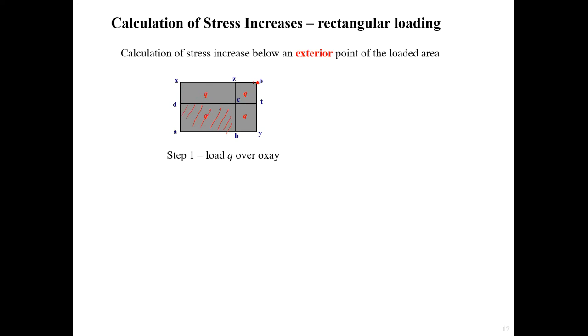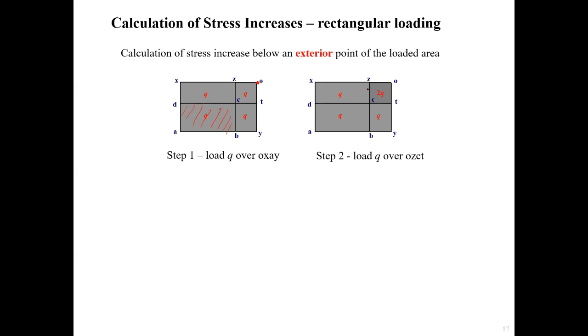So we form this big rectangle and we apply the Q to the whole area OXAY. That's the first step. Second step: because later on we have to subtract the loading area, this loading area and this loading area, we subtract this part twice. So we have to add it back right now.